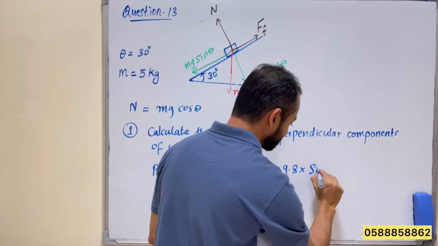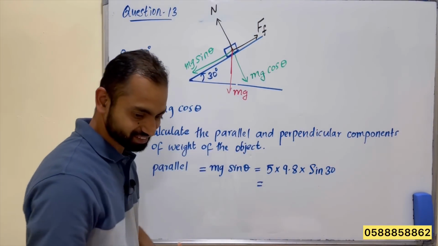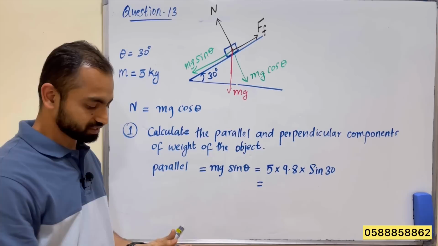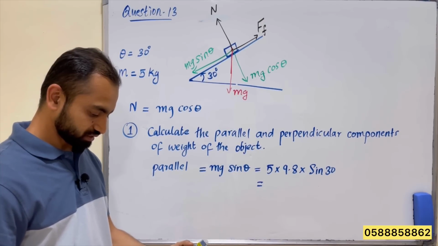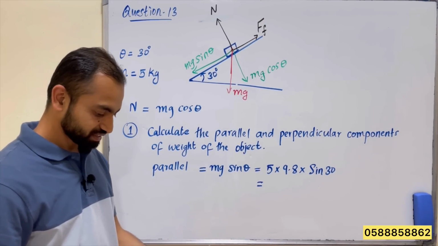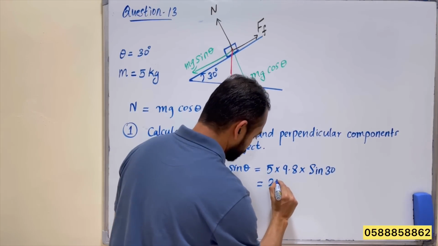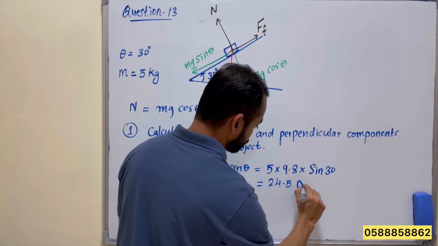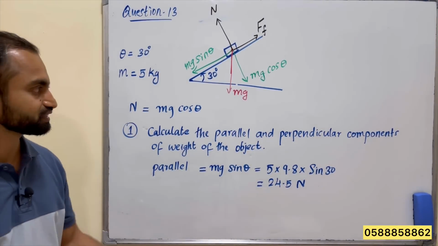So 5 multiplied by 9.8 multiplied by sine 30 equals 24.5. What's the unit? Newton.